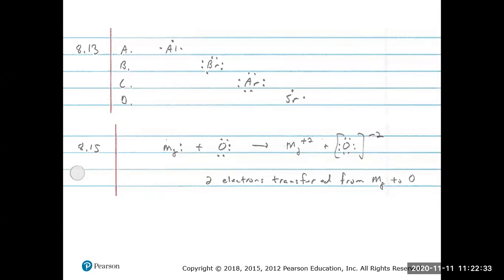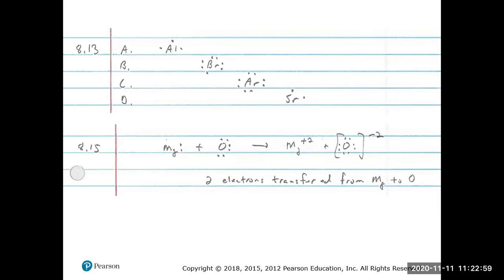Once again, we'd write the element symbols, in this case Mg and O, and then look to see what group they are in on the periodic table. Magnesium is in the 2A group, so we have 2 dots for that. And then oxygen is in the 6A group, so it has 6 dots around it for the 6 valence electrons.